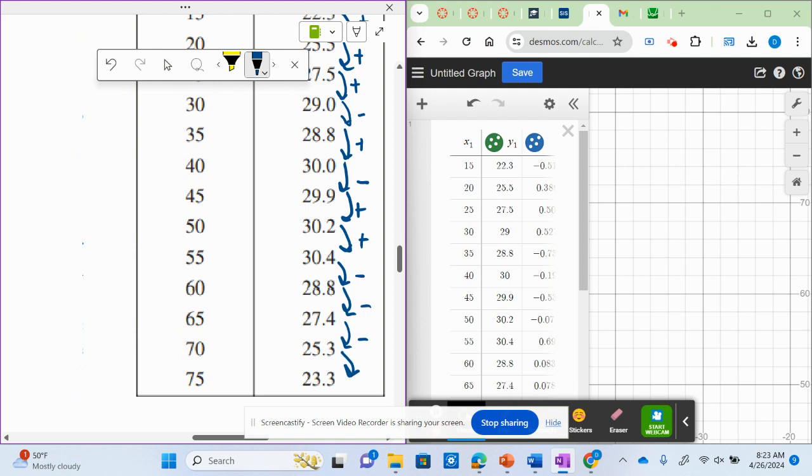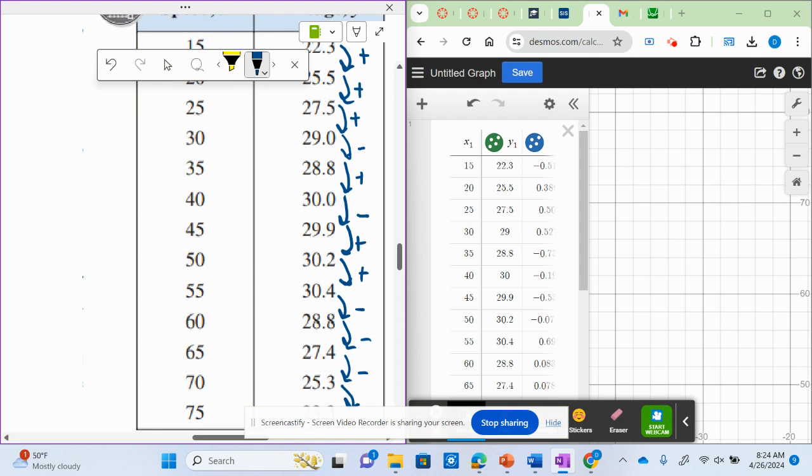So I chose a quadratic regression because that's the only thing that I know, right? If the direction changes, I know that I should choose what? Quadratic. So that's what I did.